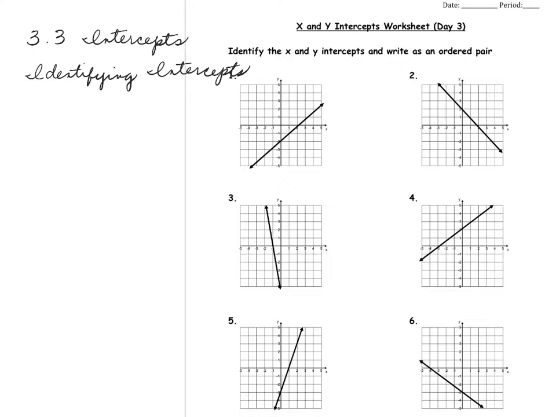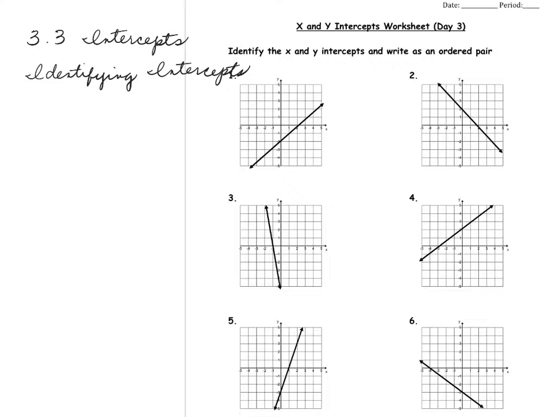In section 3.3, we will be using the concept of intercepts. An intercept is a point where a line or any other graph intersects with the x-axis or y-axis. We understand in football what an interception is.